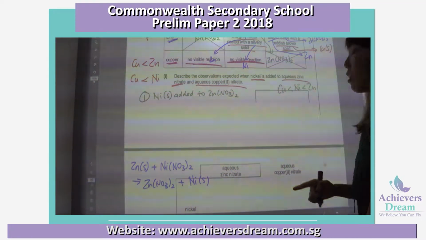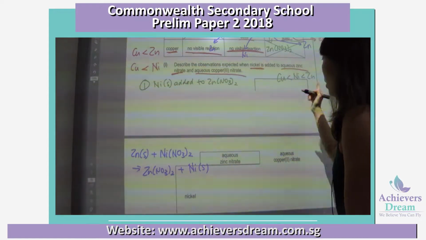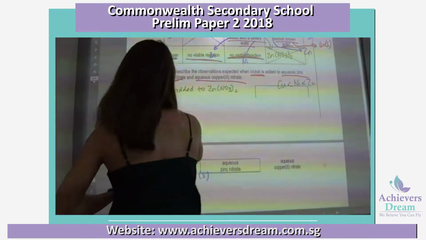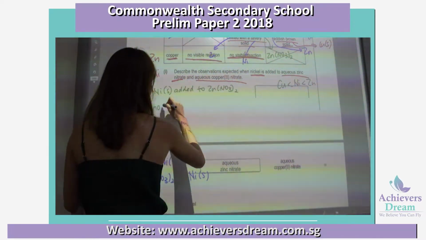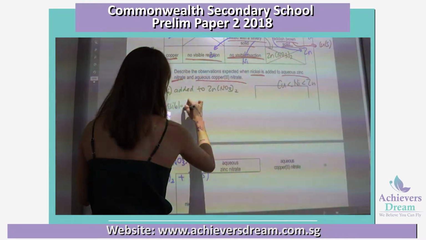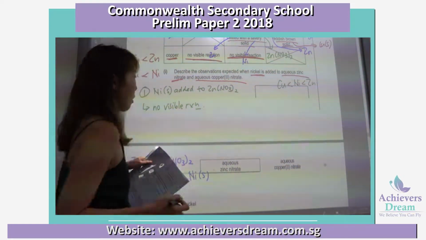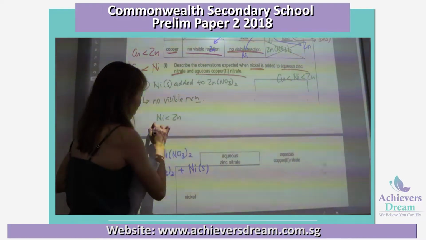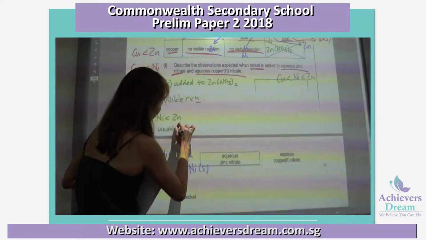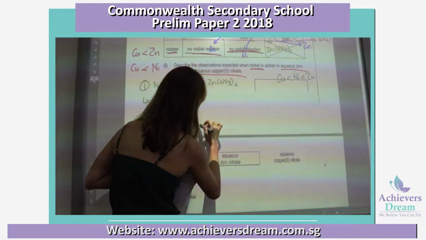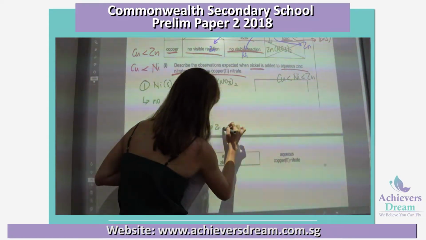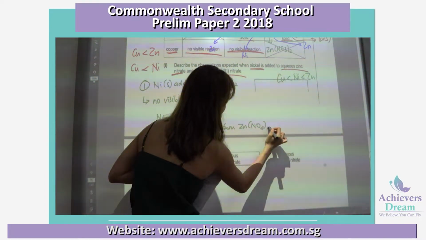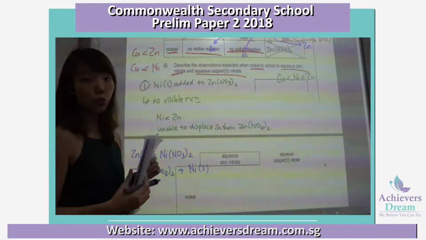Nickel is less reactive than zinc, so would it be able to displace zinc from its salt solution? The answer is no. There will be no visible reaction. Correct? Because nickel is less reactive than zinc, hence unable to displace zinc from its salt solution, which in this case is zinc nitrate.